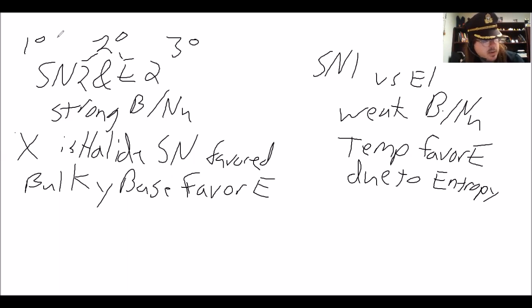Essentially, it has to do with the number of components in there, the entropy, the randomness of the system. Forming an alkene and the protonated base and the halide has slightly more randomness than just the nucleophilic substitution. So in hotter temperatures, we might favor E1 versus SN1.